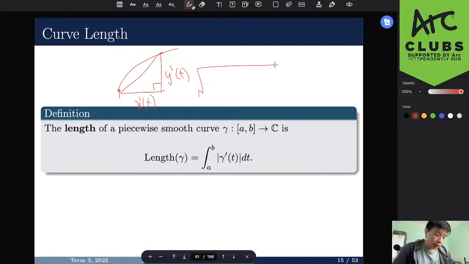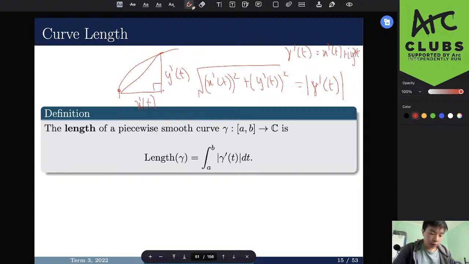So if we just work that out, we have the square root of x dash t all squared plus y dash t all squared, and that's going to be equal to the hypotenuse, but that's also going to be equal to the modulus of gamma dash t, because gamma dash t is of course equal to x dash t plus i y dash t.